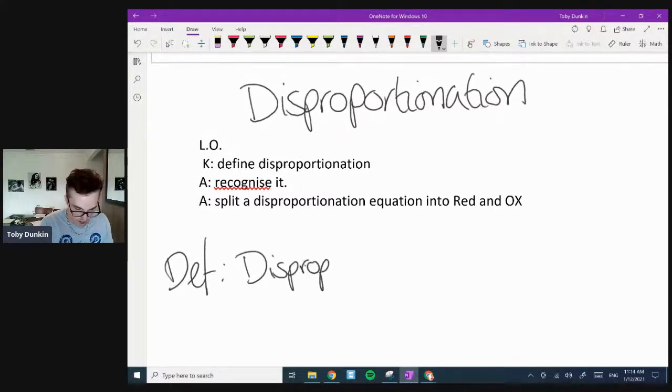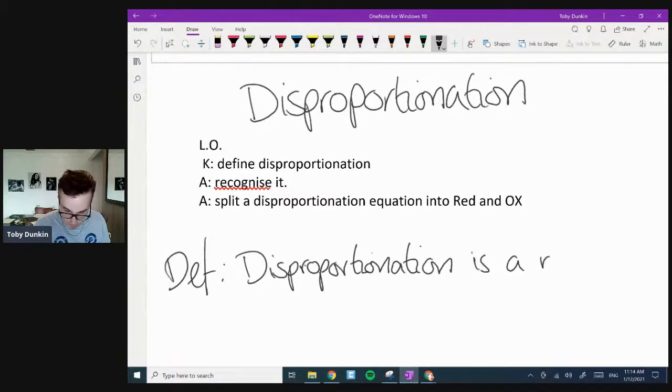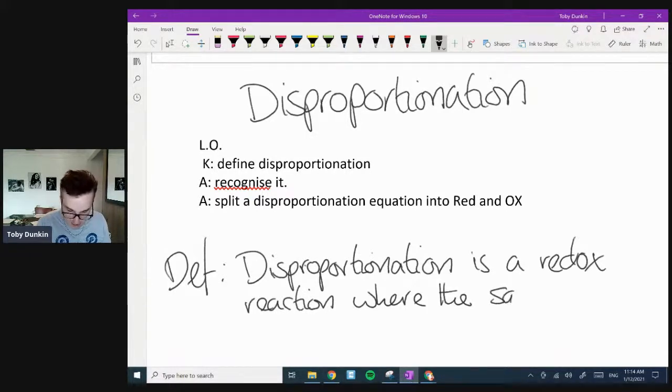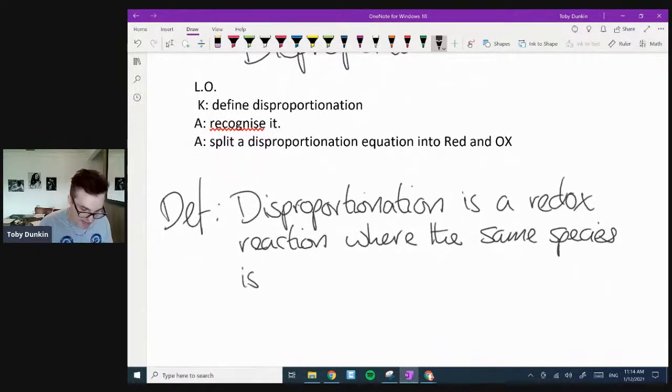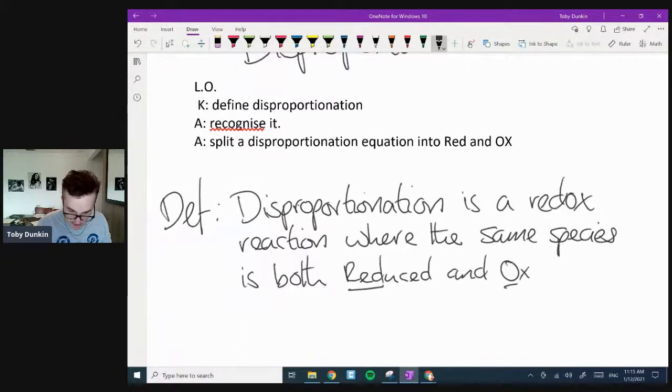Disproportionation is a redox reaction where the same species, that's right, you've got to use the word species, what a horrible word, the same species is both oxidized and reduced simultaneously.